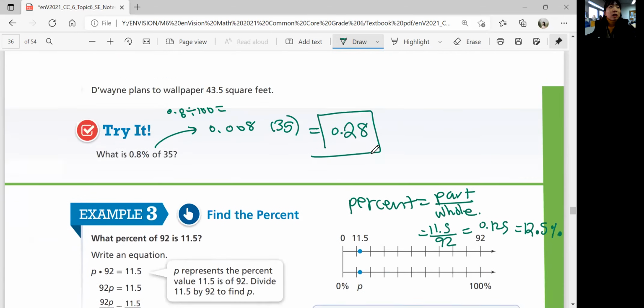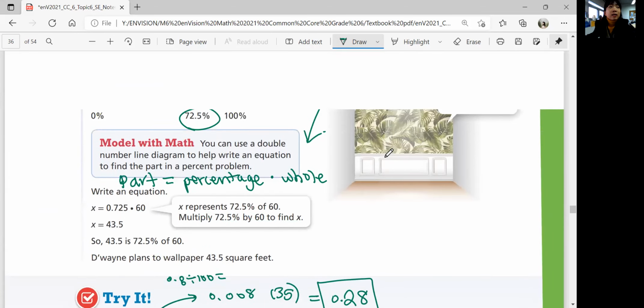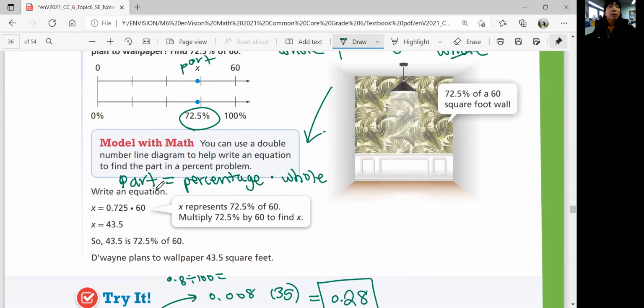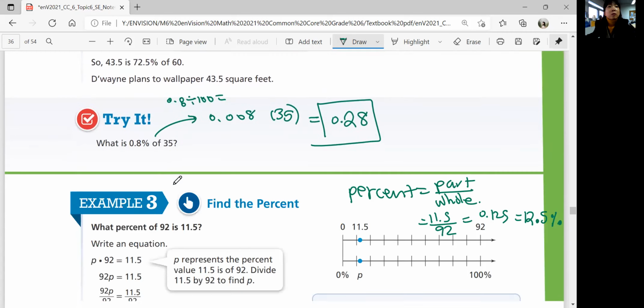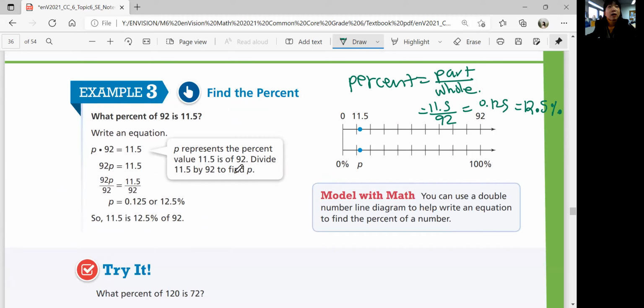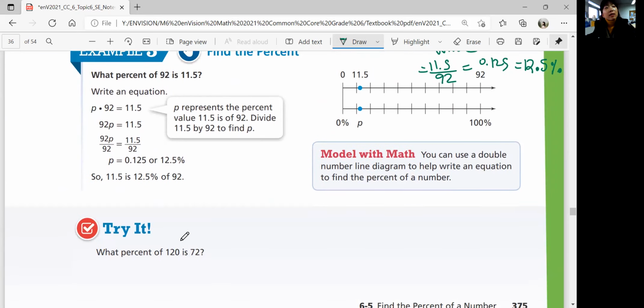But you should be able to find the whole, percentage, or part depending on which information you're given, okay? If you're missing the percentage, then you divide part by whole. If you're missing the part, then you multiply percent and whole. If you're missing the whole, then you divide part by percentage. It just depends. Okay, so let's try this question.